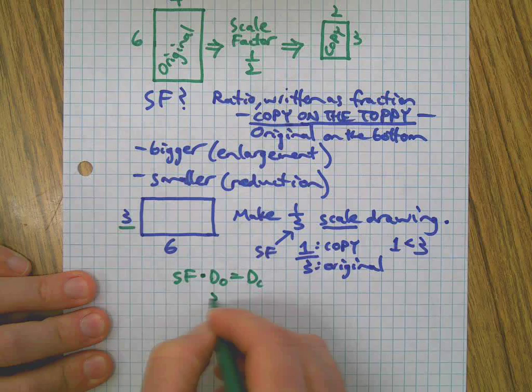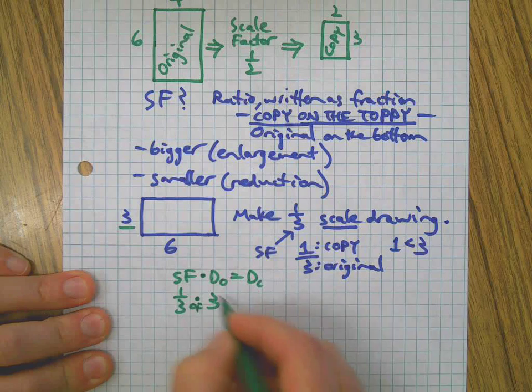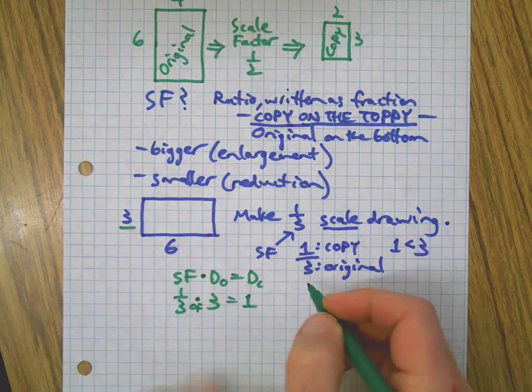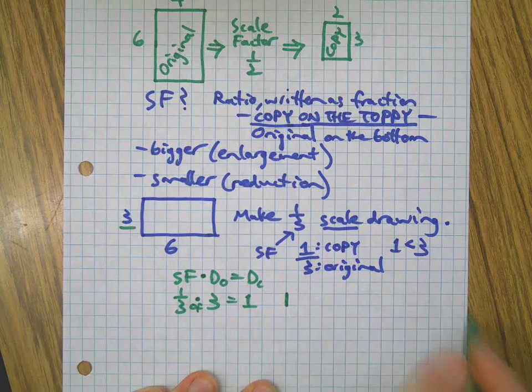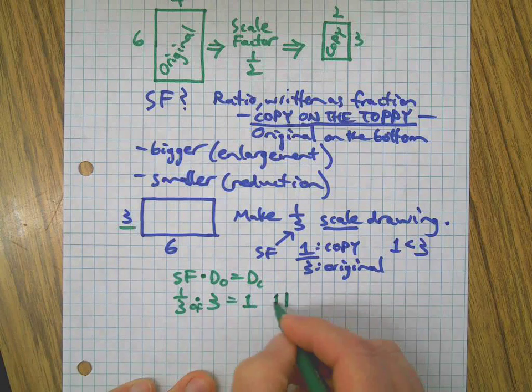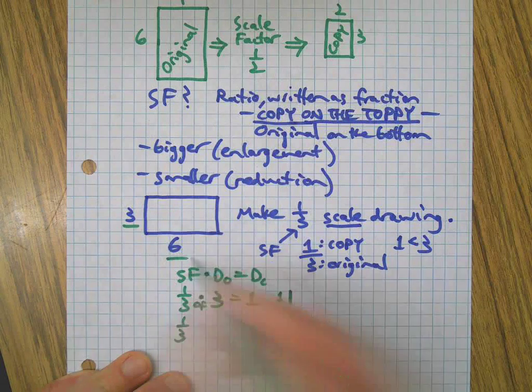Okay, here's what I mean. If I take 3, multiply the scale factor by 3, literally I'm going 1/3 of 3. That's 1, right? So I'm going to make the same side on my copy. It's going to look like that. And I'm going to label it with a 1. Then I'm going to take the 6.